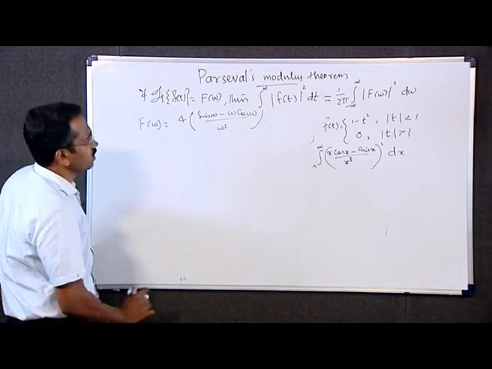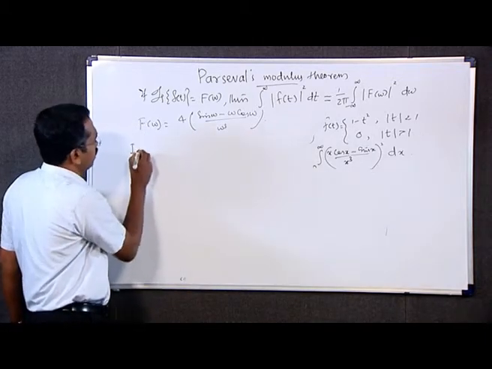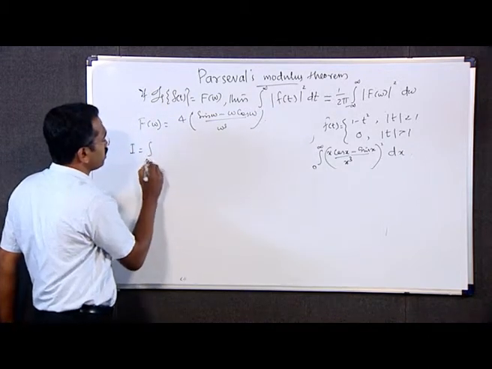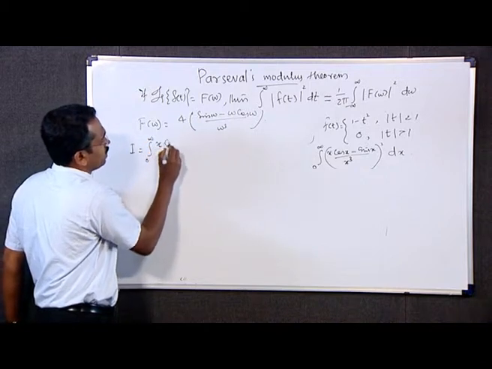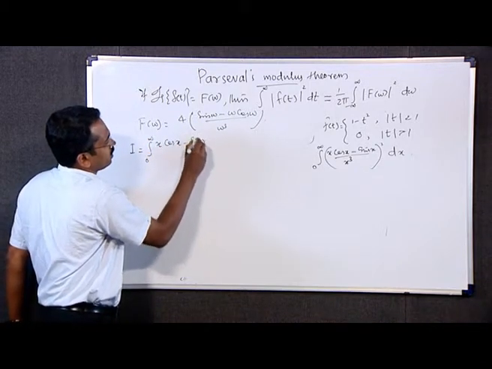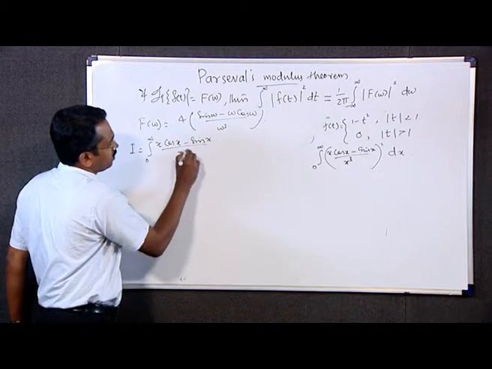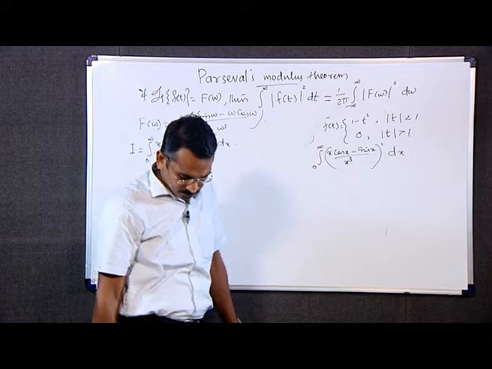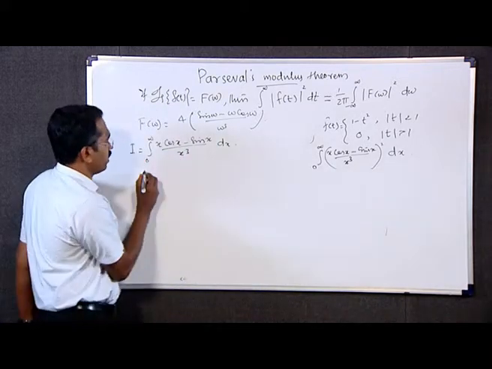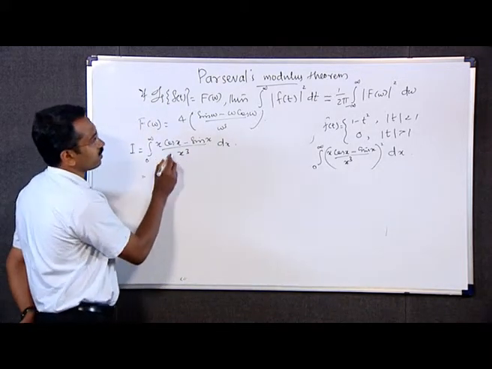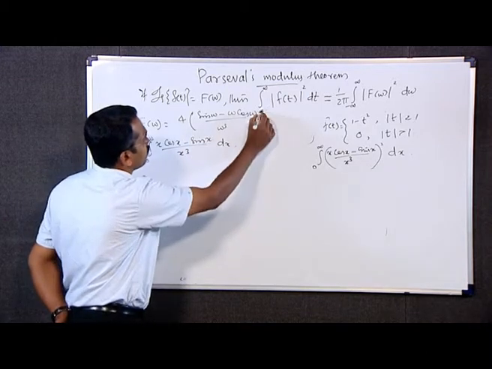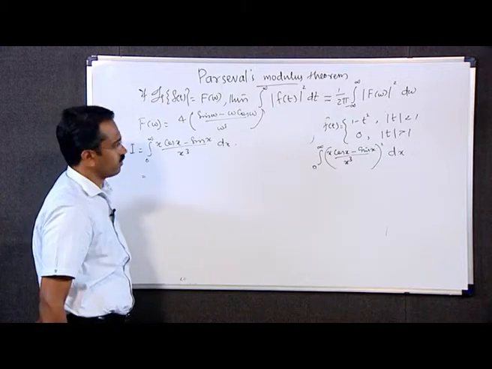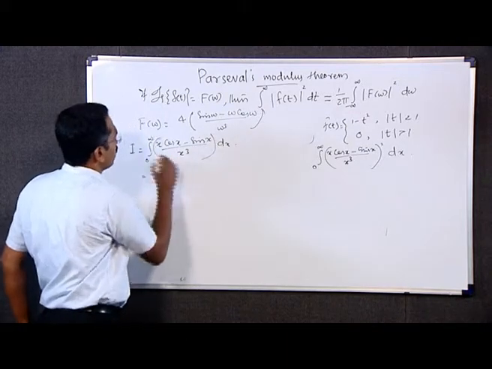Now consider this integral, let it be I, that is I equal to integral from 0 to infinity of (x cos x minus sin x) divided by x cube, the whole square, dx.